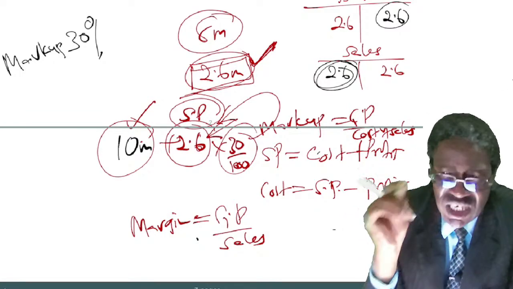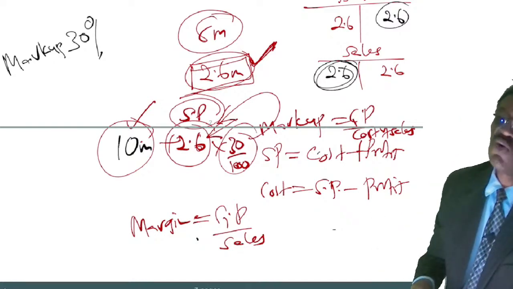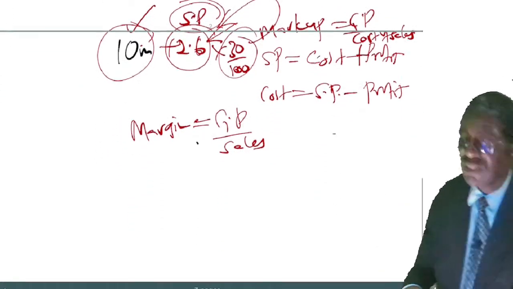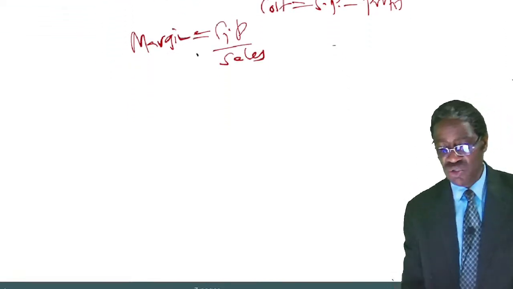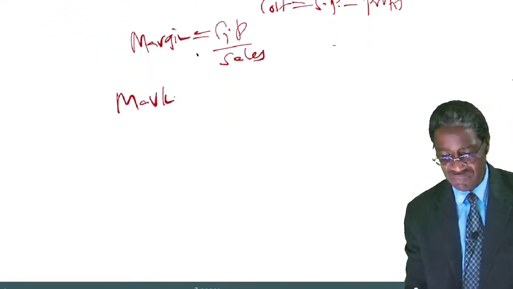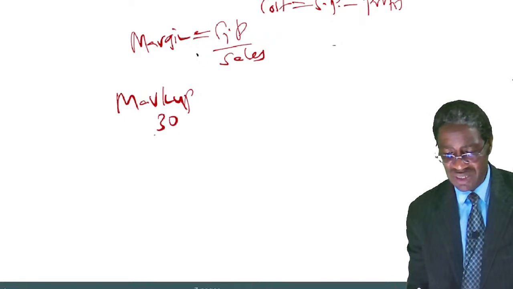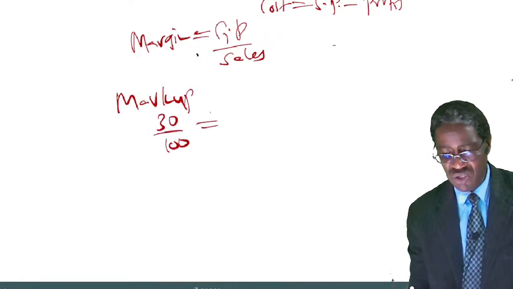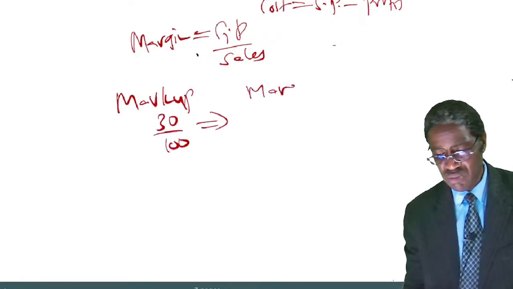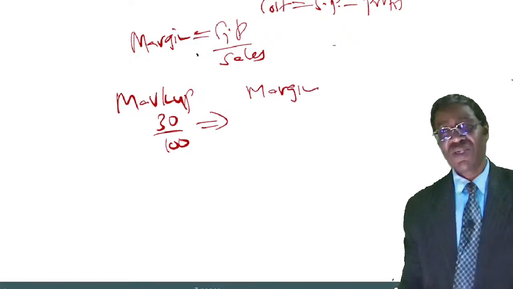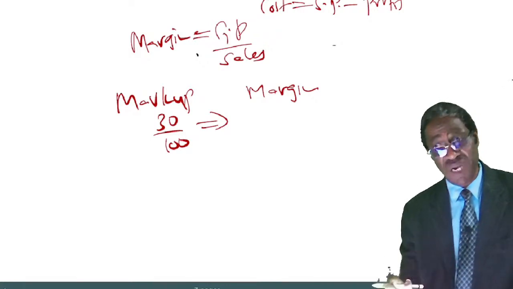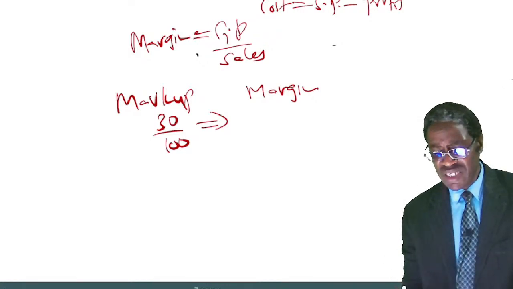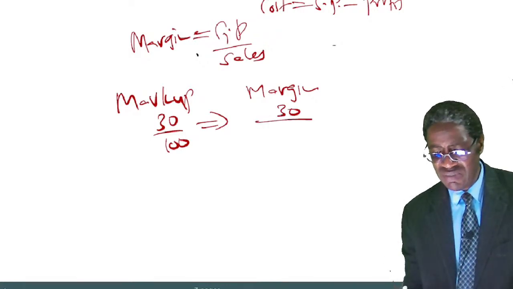So the trick here was that you had to remember how to convert your markup, which in our case is 30%, to margin. Just to remind you, when converting markup to margin, you take the numerator and let it remain the same.